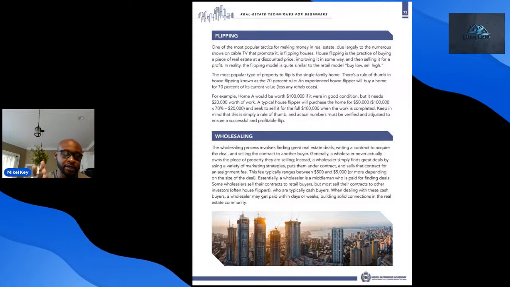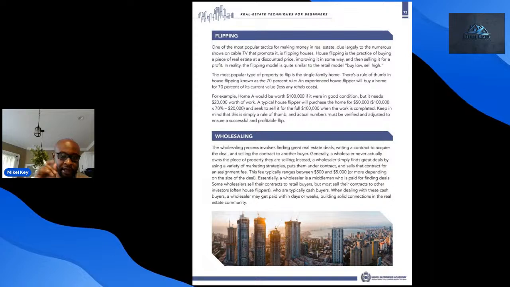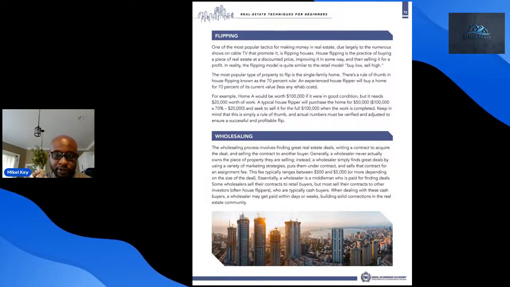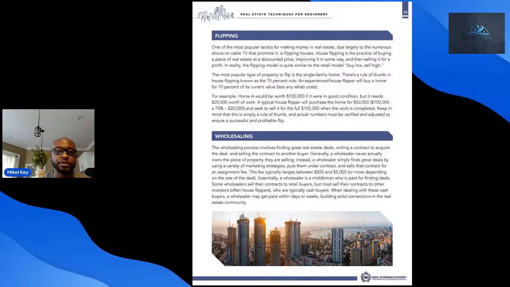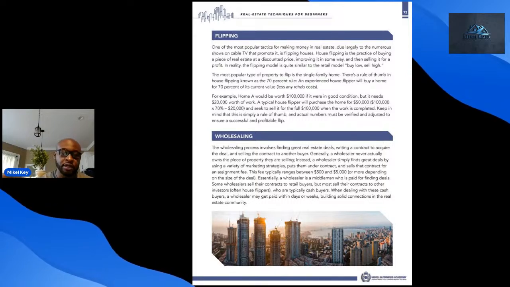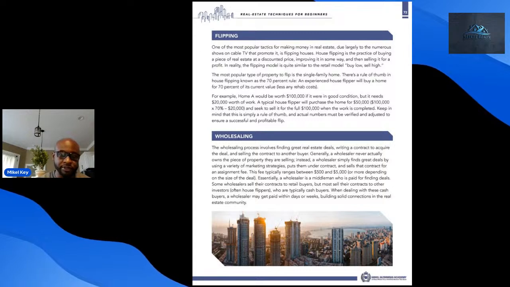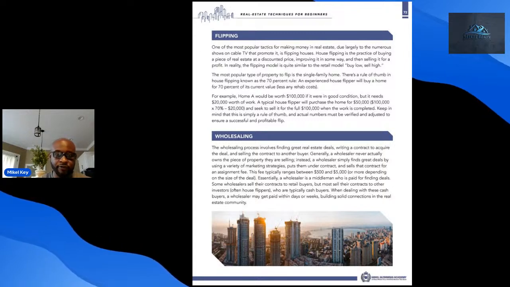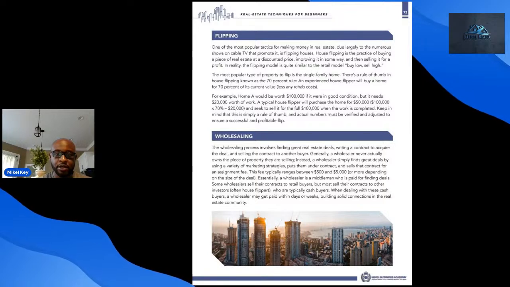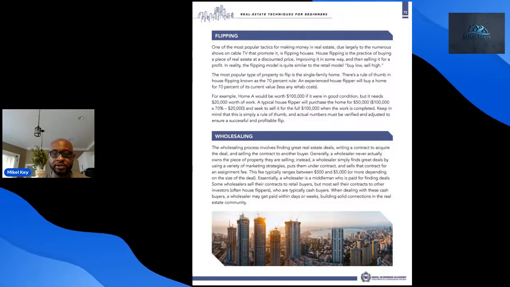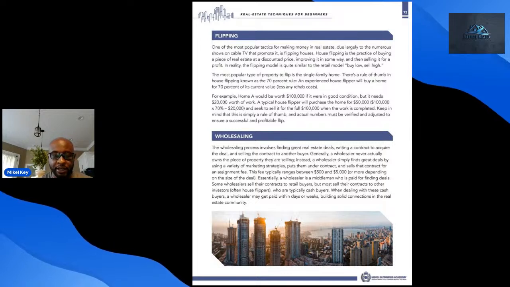Just go back and look at all the past sales in the area and calculate what that price per square foot is. If that price per square foot is $125, and your house is 1,000 square foot, you just multiply those by each other and you come out with $125,000.